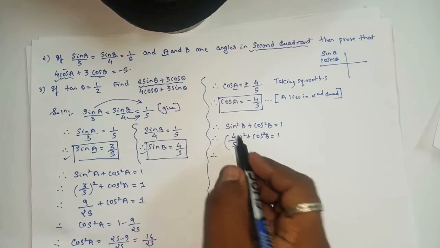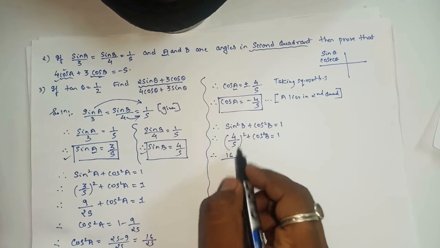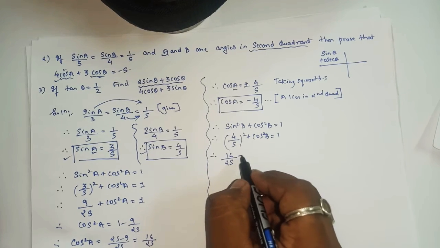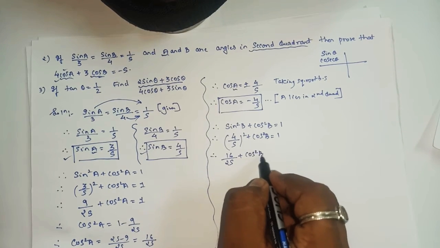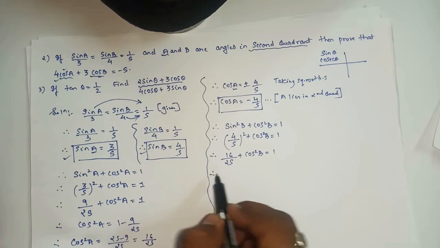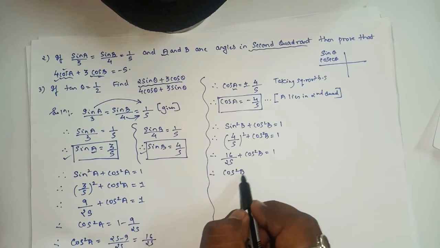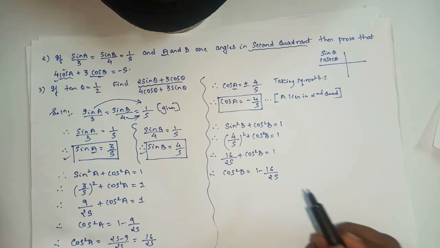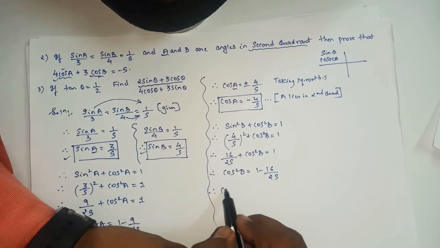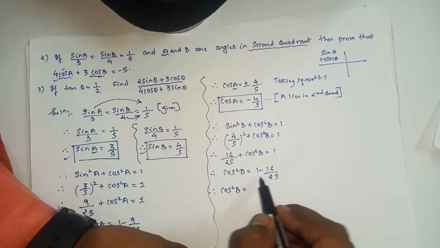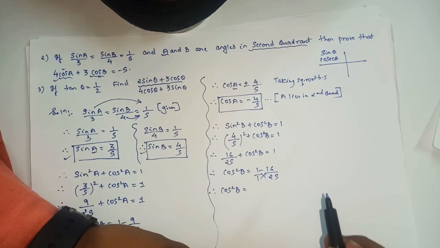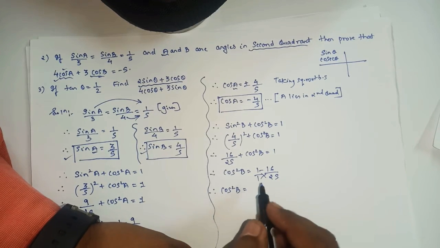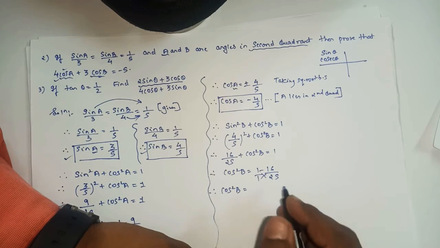So 4 square is 16, 5 square is 25, plus cos square B equals 1. Therefore cos square B equals 1 minus 16 upon 25. Cross multiplying, you will get 25 minus 16.